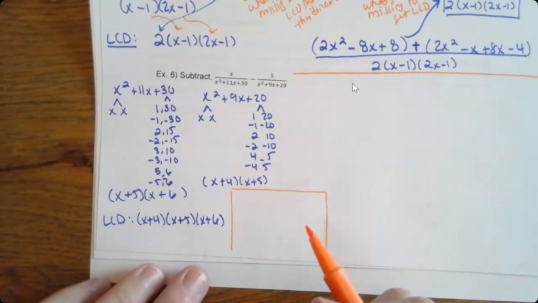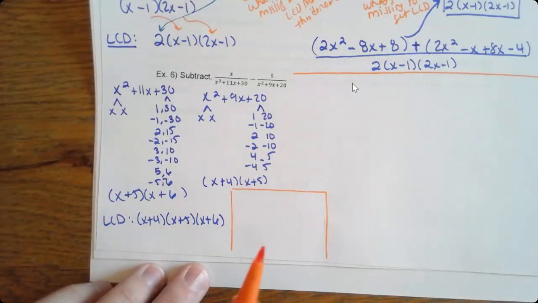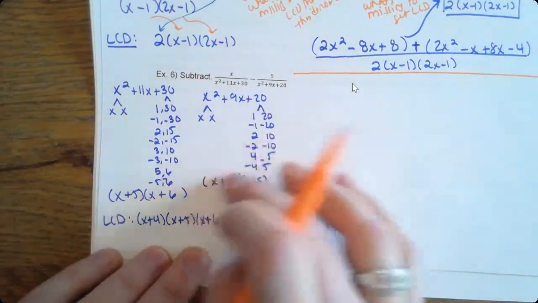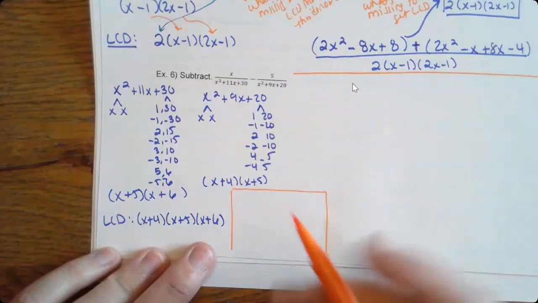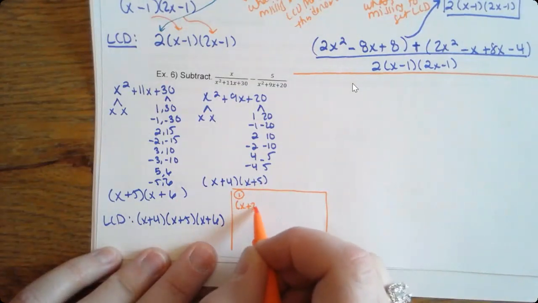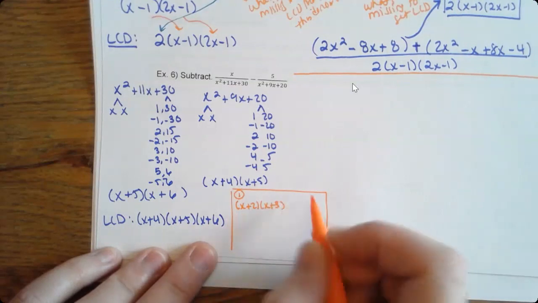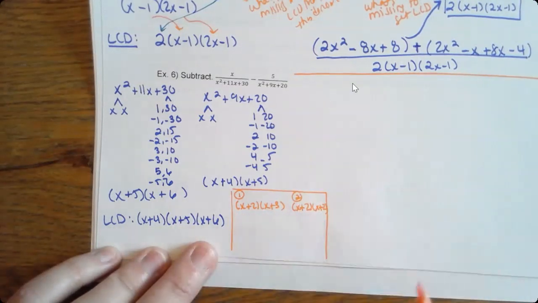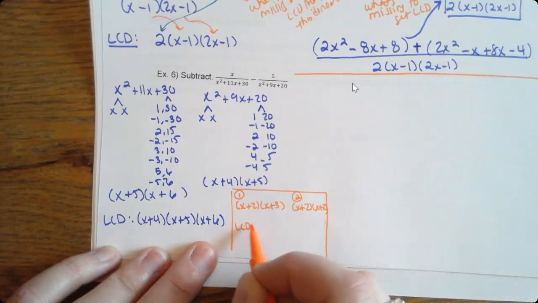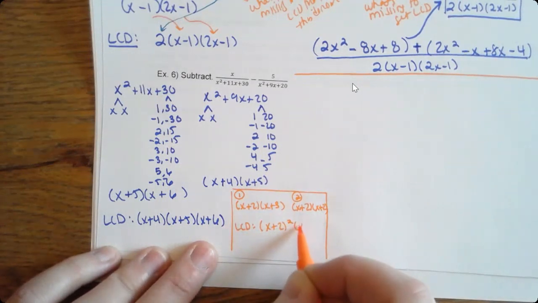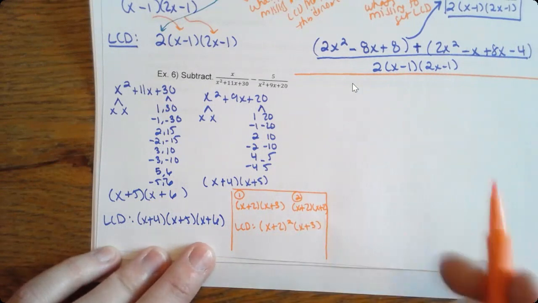The only time you'd have to add a second one is if one of your polynomials has the same factor more than once. So for instance, let's say your first polynomial had the factors x plus 2, x plus 3, and then your second polynomial had the factor x plus 2, x plus 2. So in that case, your LCD would actually be x plus 2 squared, x plus 3.